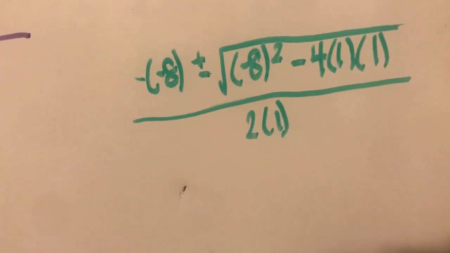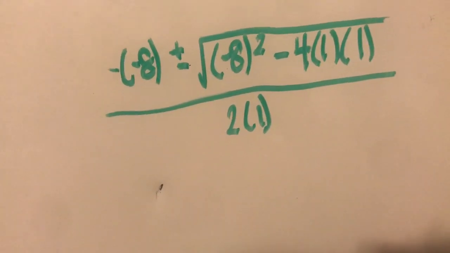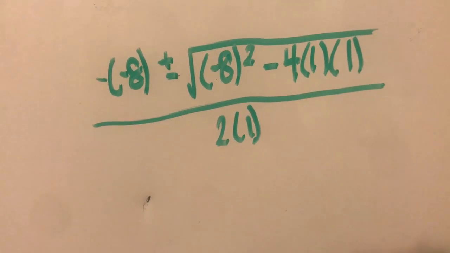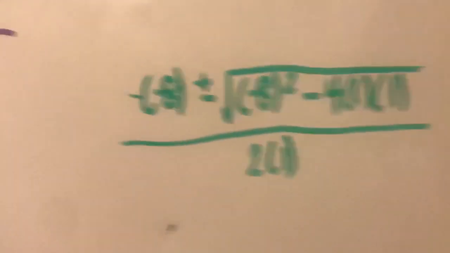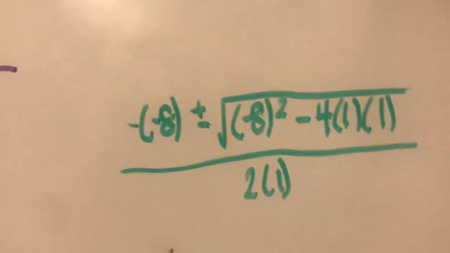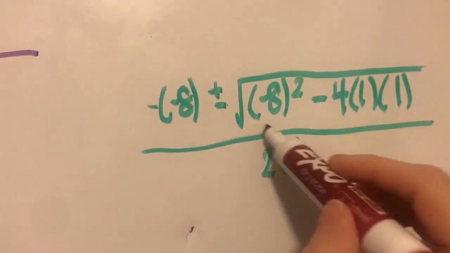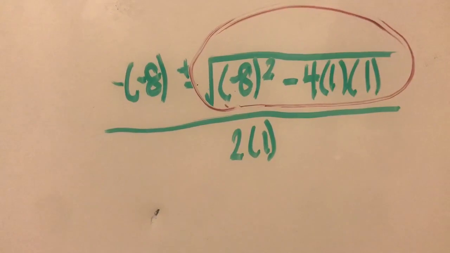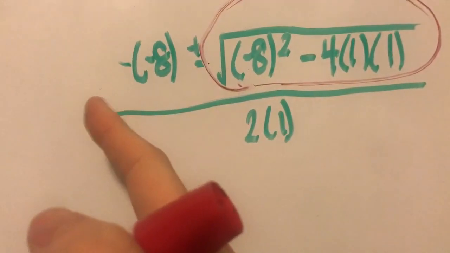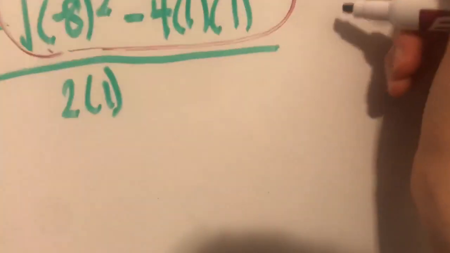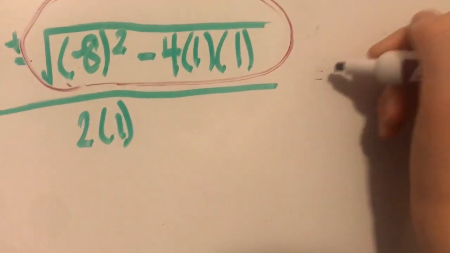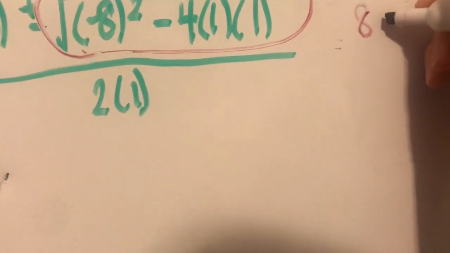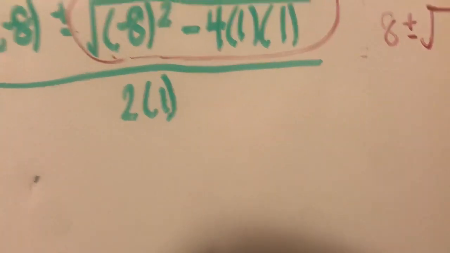Now again, this is when in class I say to you guys, okay, what should we focus in on simplifying first? And then you guys always say underneath the square root. So I'm focusing in specifically on this. I can go ahead and make this double negative here a positive. So I'm going to rewrite this as positive 8 plus or minus square root.